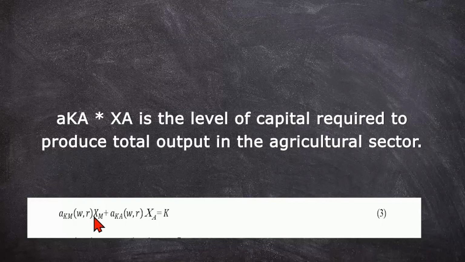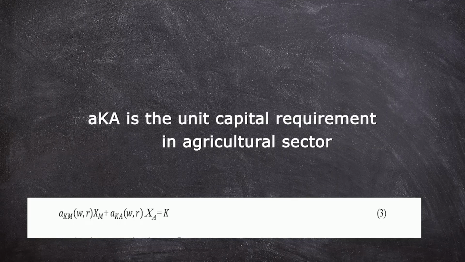So this is the total level of capital that is required to produce output in the manufacturing sector. Similarly, AKA into XA is the level of capital required to produce total output in the agricultural sector. AKA is the unit capital requirement in the agricultural sector multiplied with XA.